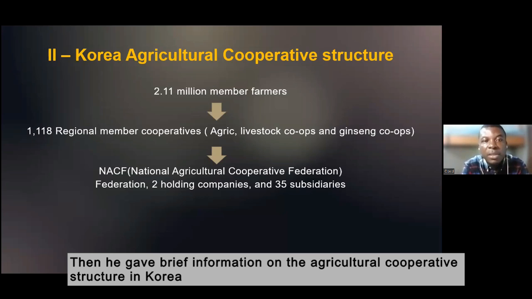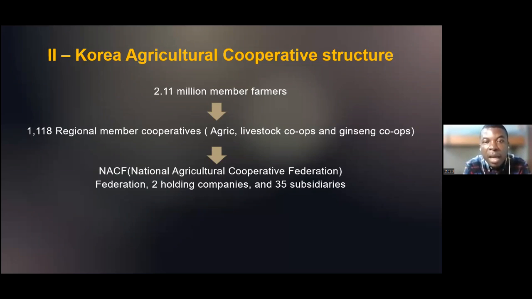These regional cooperatives come together to form the bigger umbrella, that is the National Agricultural Cooperative Federation, which has 2 main holding companies and 35 subsidiaries.